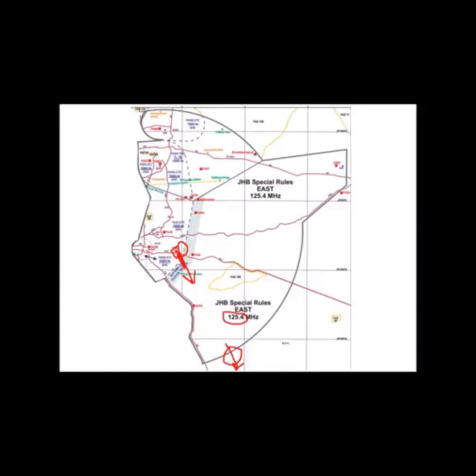But take note that the buffer zone is a very busy sector, and it means that you might not get hold of air traffic control immediately on first contact. But don't treat that airspace as an area where you should just keep quiet and assume that you'll be seen.